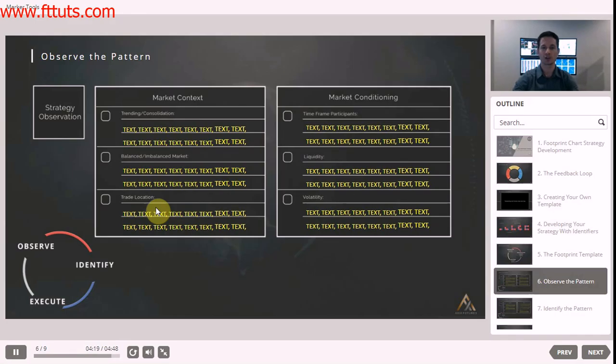Ultimately, that's going to lead to you recognizing when there are higher probability conditions and when there are lower probability conditions in play. Now, on the next slide, we're going to identify some of the identifiers you need to recognize to show you that your trade strategy is in play.